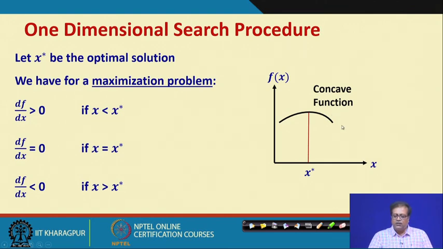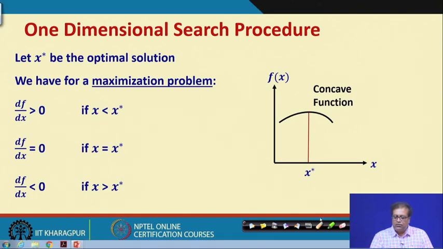So, if the function is concave, you can see that this is where our optimal point is. So, this is the optimal point. So, before the optimal point, this side is x less than x star and this side is x greater than x star, is it not?